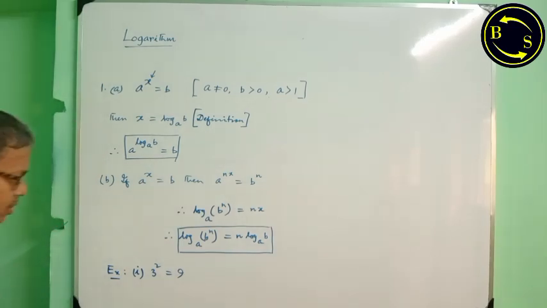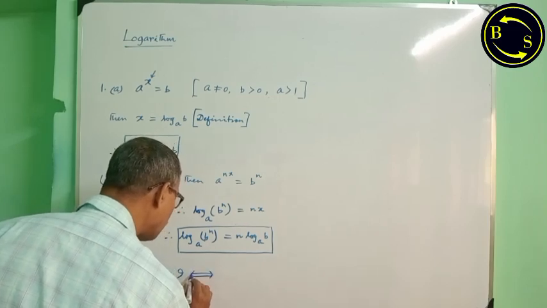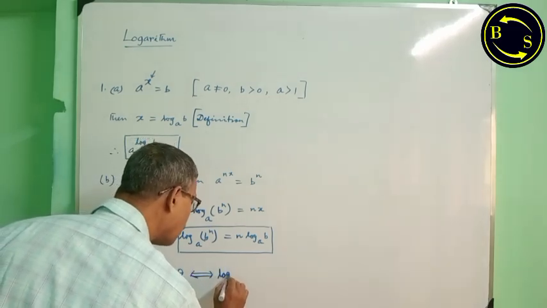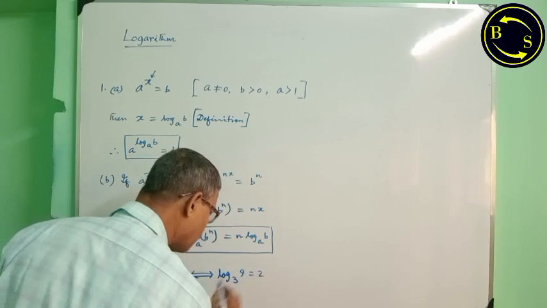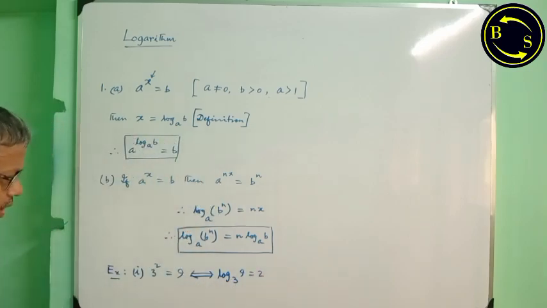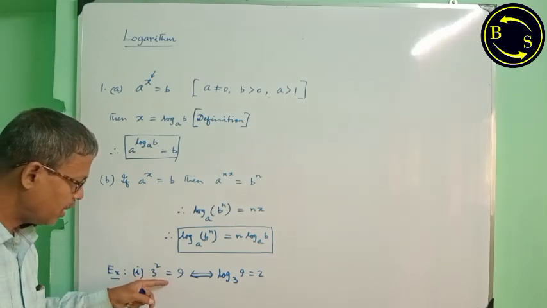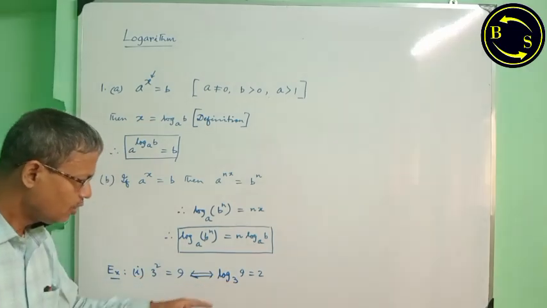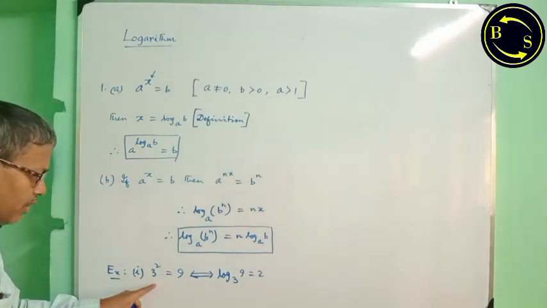Now I can express this as log of 9 to the base 3 equal to 2. As per definition, 3 square is equal to 9 means this one. Also, if it is given, then we can write this.